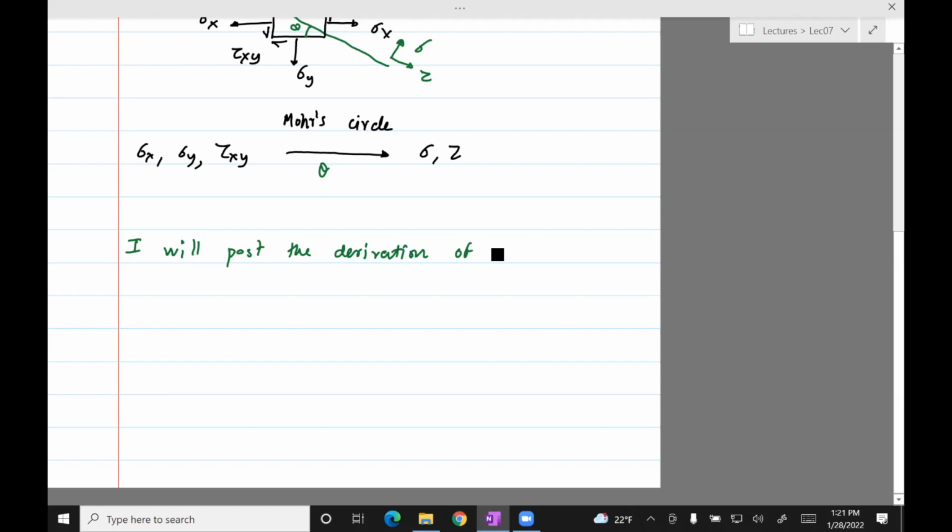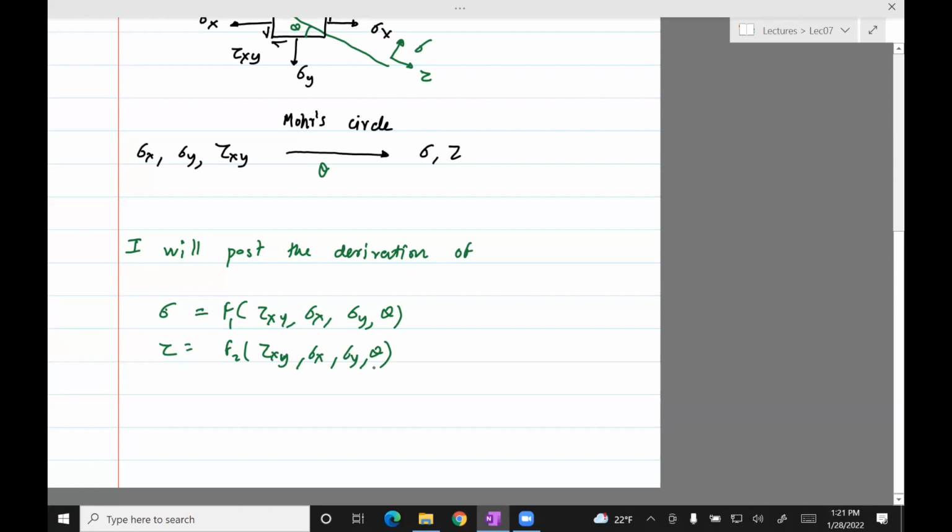Sigma as a function of tau xy, sigma x, sigma y, and theta. So given all these numbers, you can find sigma, and then you can also do that same thing with tau, so you can get this formula.